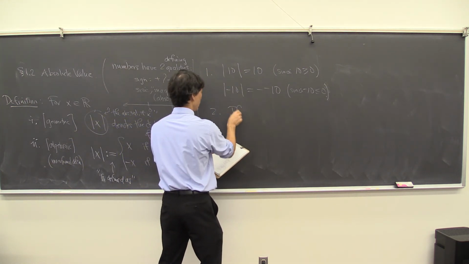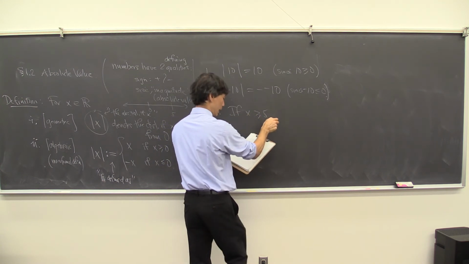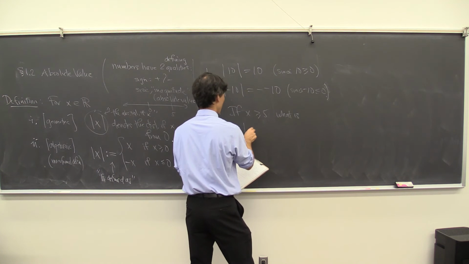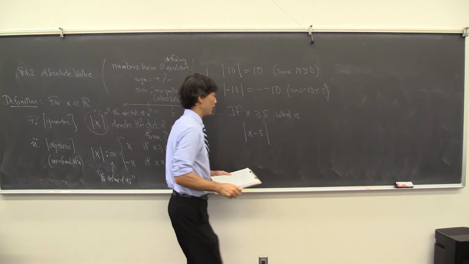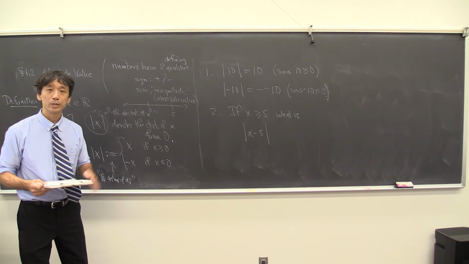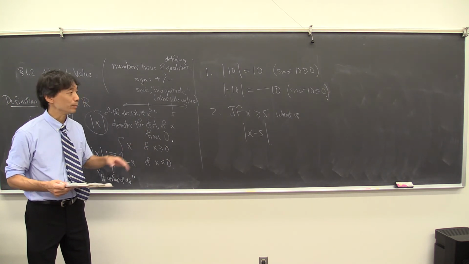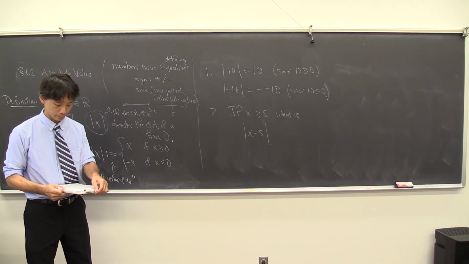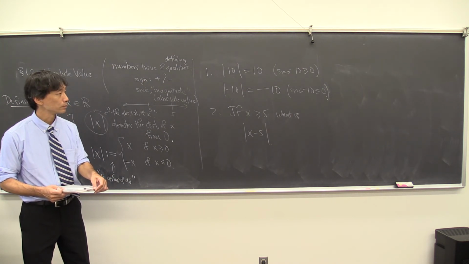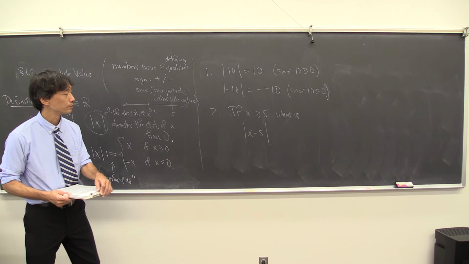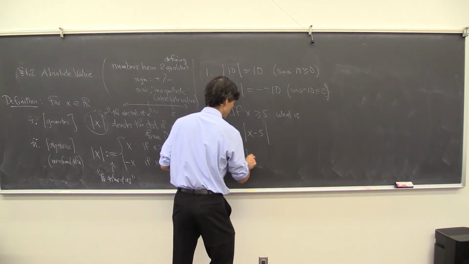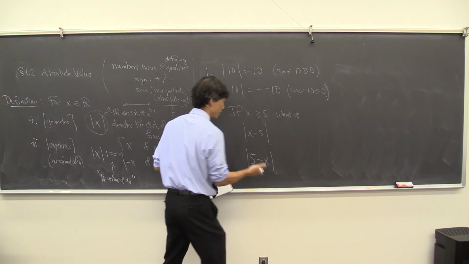Second, if x is greater than or equal to 5, what is the absolute value of x minus 5? Take 30 seconds and write something down. And if you want, you can do the second part.